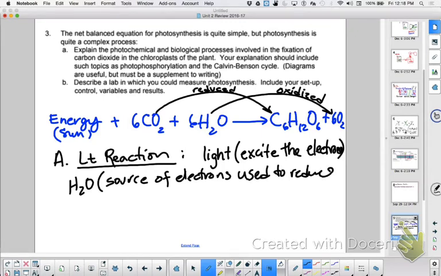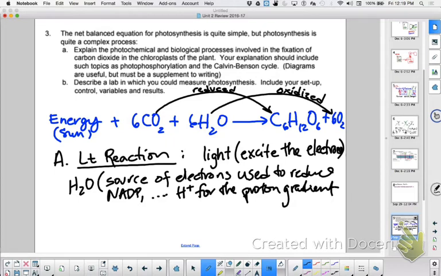The carbon dioxide. The NADP. What else? You were saying it too. Source of hydrogen ions for the proton gradient. Needed to generate what? ATP.